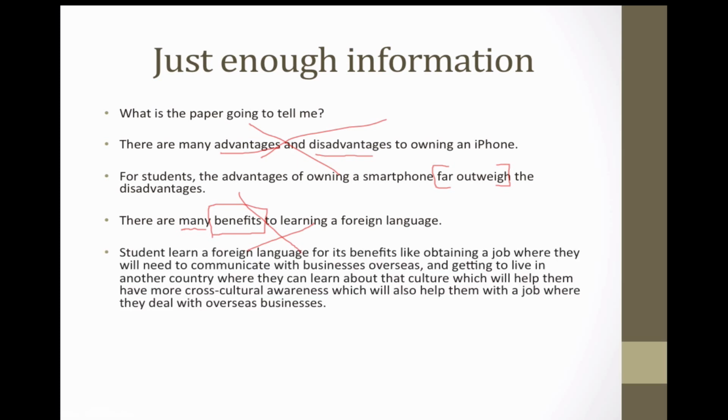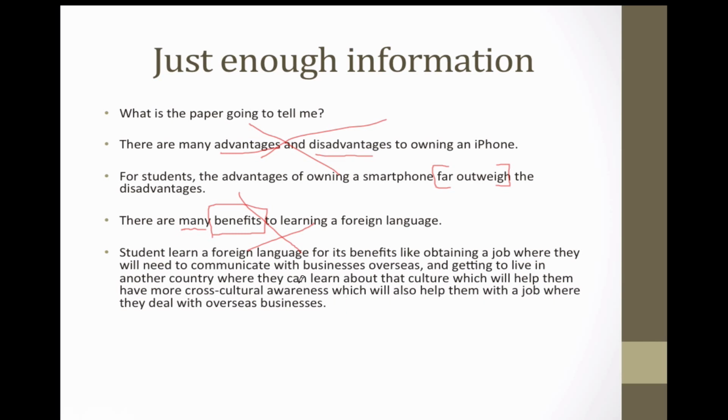Here we have a little bit more information, but do I have too much information? I do. I have my topic, students learning a foreign language. I have some benefits, but here I'm giving information like where they will need to communicate with businesses overseas, living in a foreign country where they can learn about that culture.